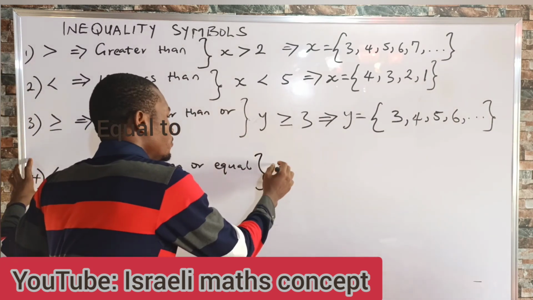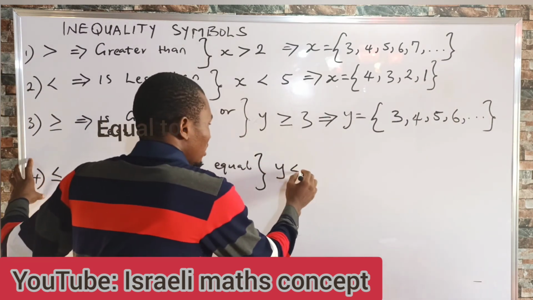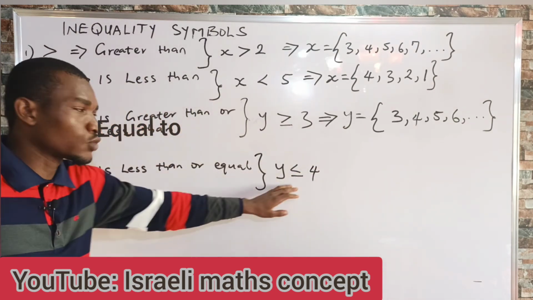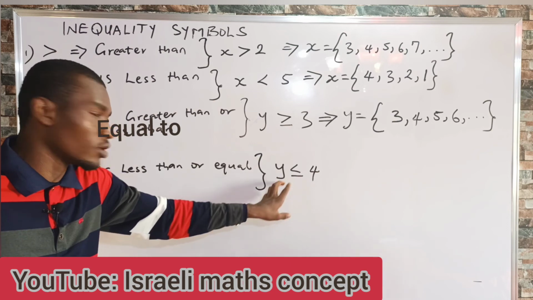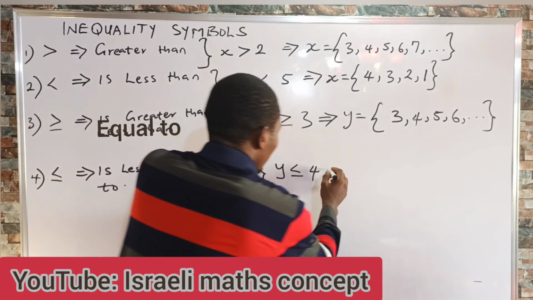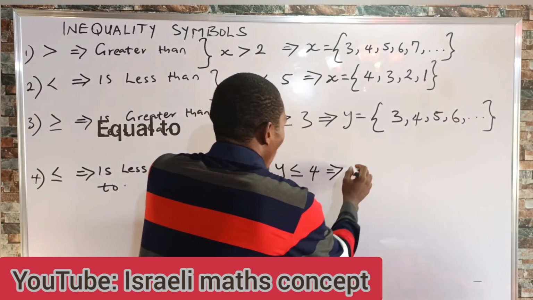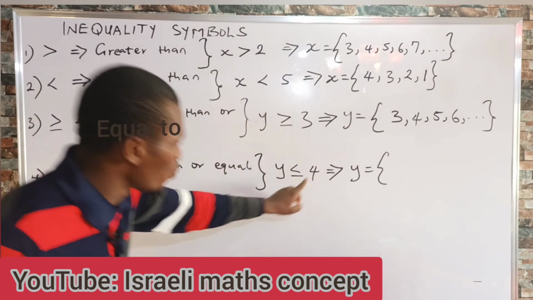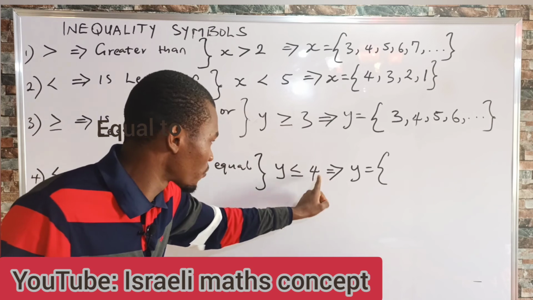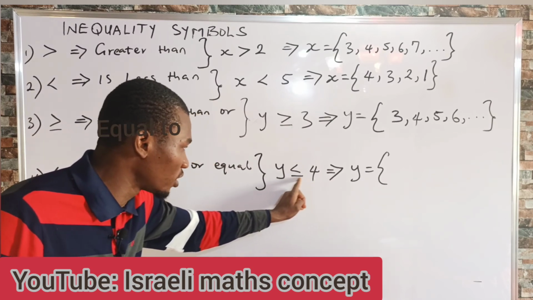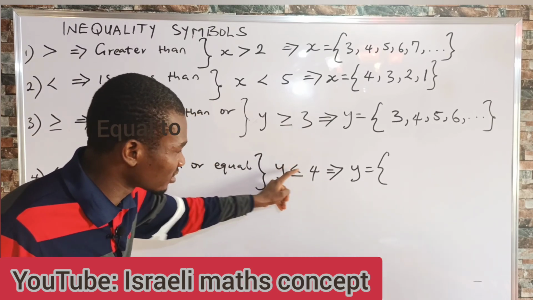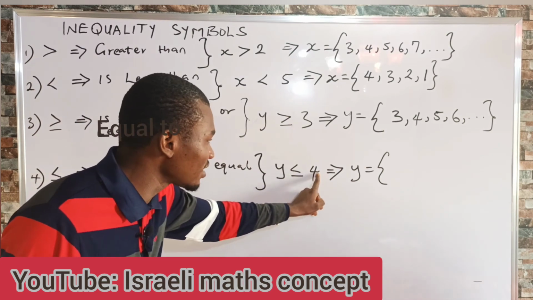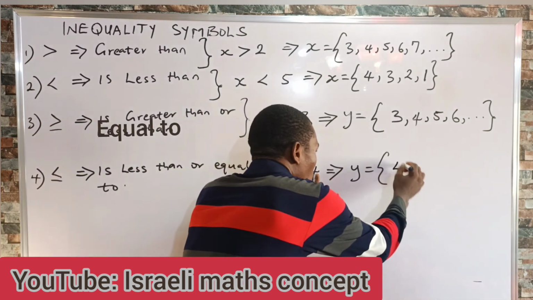Alright, let's get into number 4. Assuming we have that y is less than or equal to, let's take a value like 4, and we are asked to list the respective values of this y. It is very simple. This implies that our y will contain a set of numbers which will take their range from 4 because of this equality sign here. Remember, less than or equal to. So because of this equal to, it will take its range exactly from 4.